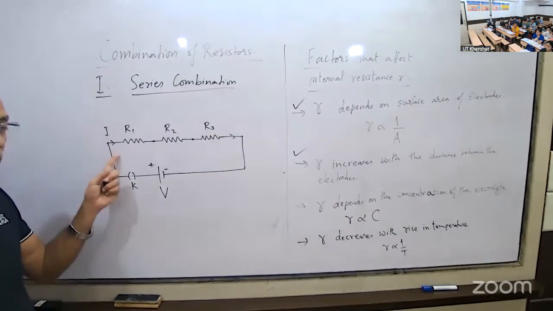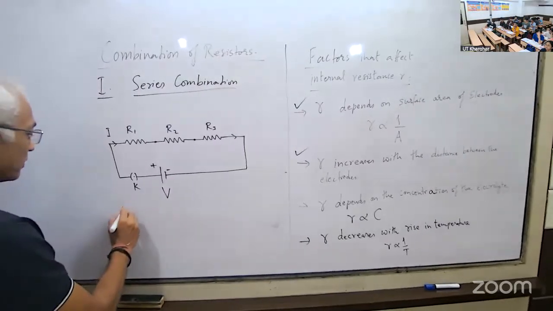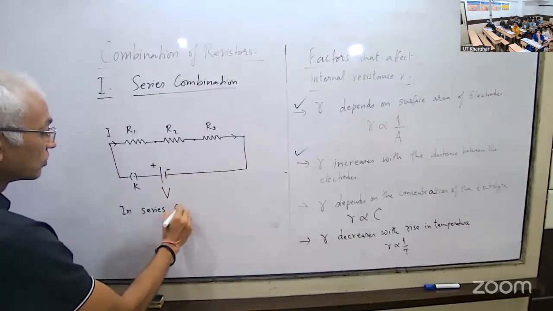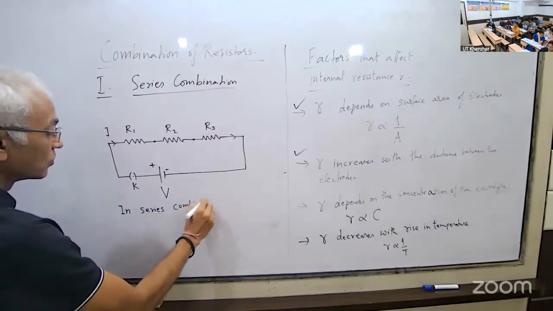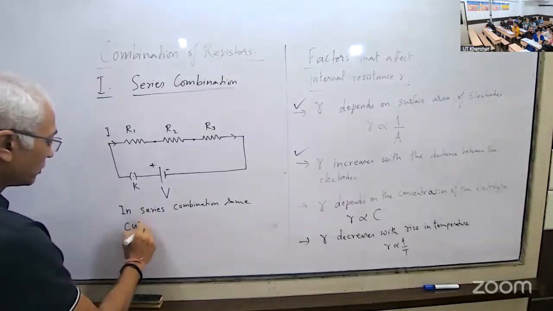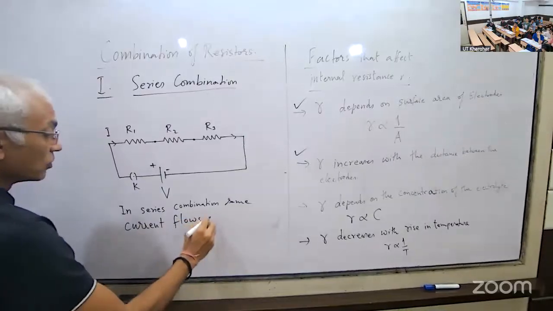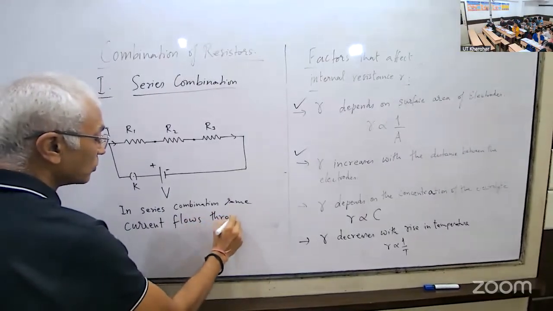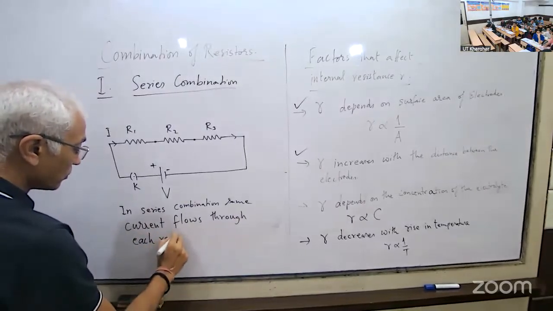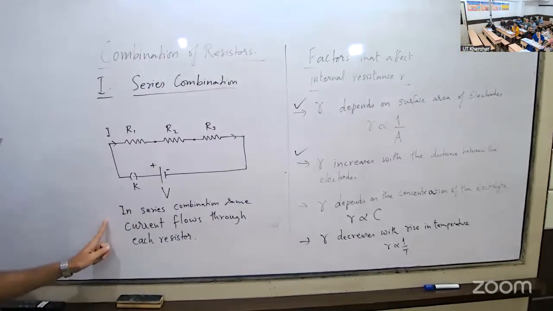Who is providing this charge? Cells. Okay. So in series, same current flows through each resistor. Okay, this is one feature of series circuit.